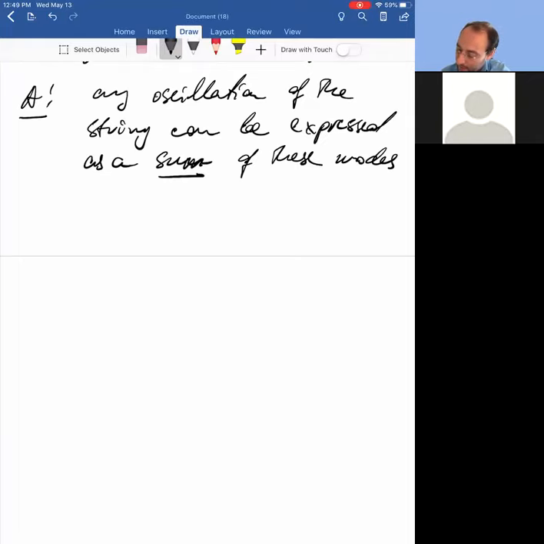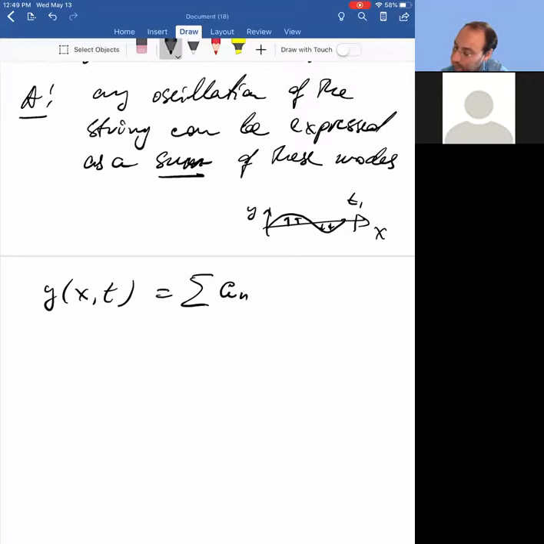So mathematically, any spatiotemporal dynamics of the string, right? So you have this is position x and this is y, right? So the distortion of the string is y at any given x and at any given time. So this is at some moment t1. You can express it as a mixing in of these modes. Now let me express these modes differently.